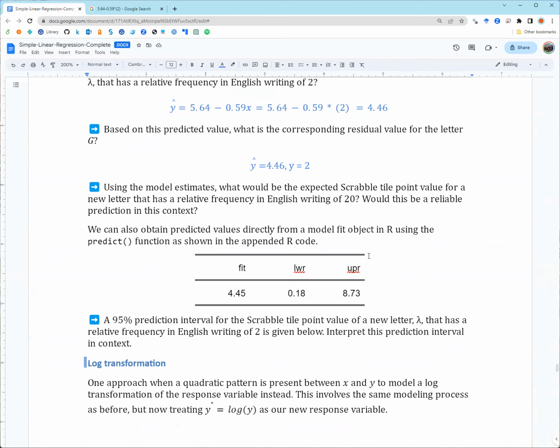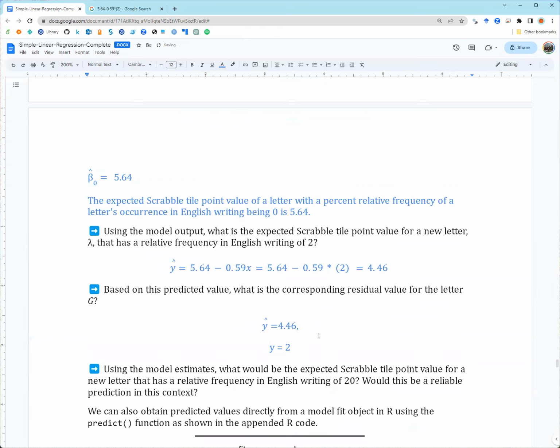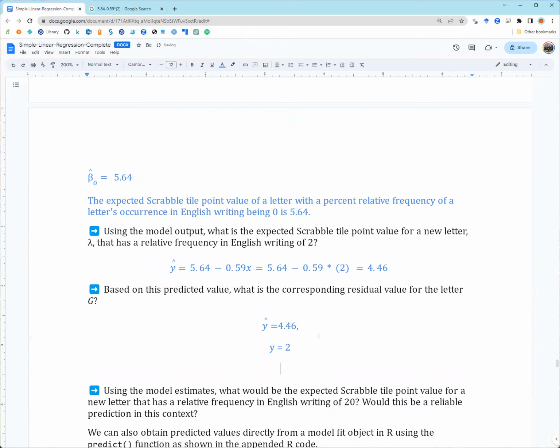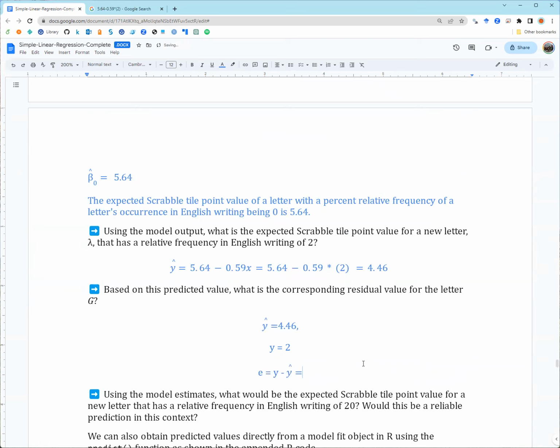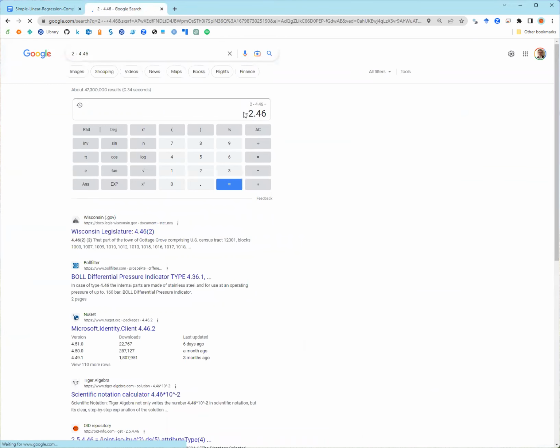And in general, we can calculate a residual value, which we denote with E, as being the actual minus the predicted value. In this case, that means our residual is equal to 2 minus 4.46, which is negative 2.46.